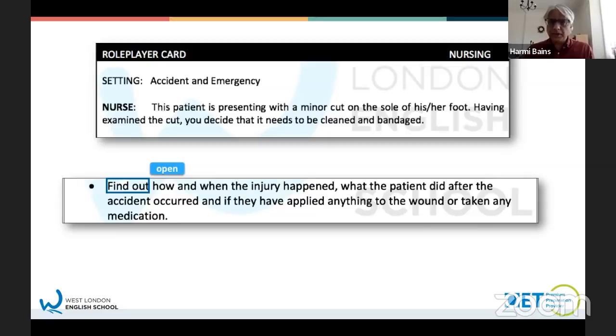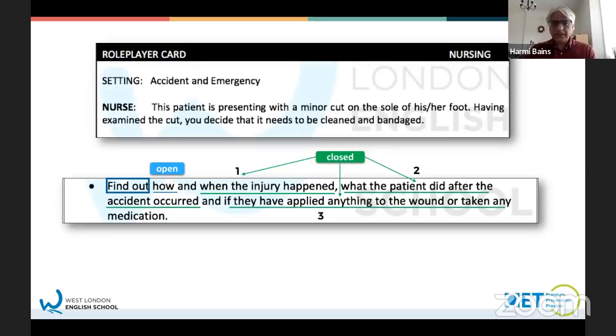You're going to start with an open question, and then you're going to move to more specific closed questions. You're going to find out how the injury happened, when it happened, what the patient did, and if they've applied anything to the wound or taken any medication.